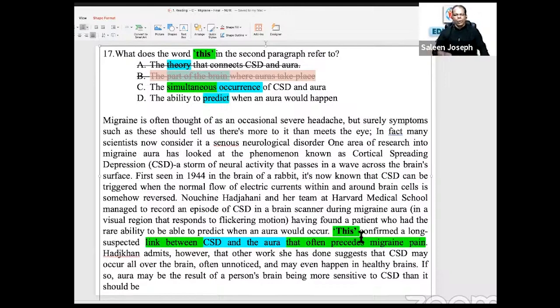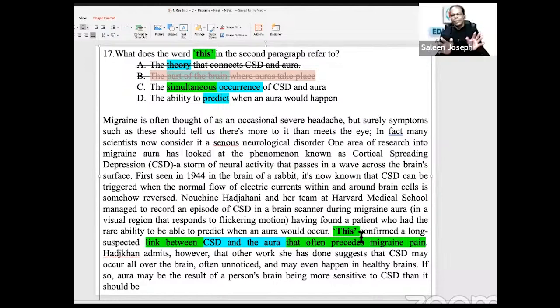So this confirmed a long suspected link between CSD and the aura that often precedes migraine pain. Most often, remember this, the referent word, the highlighted word, will refer to the subject of the previous sentence.